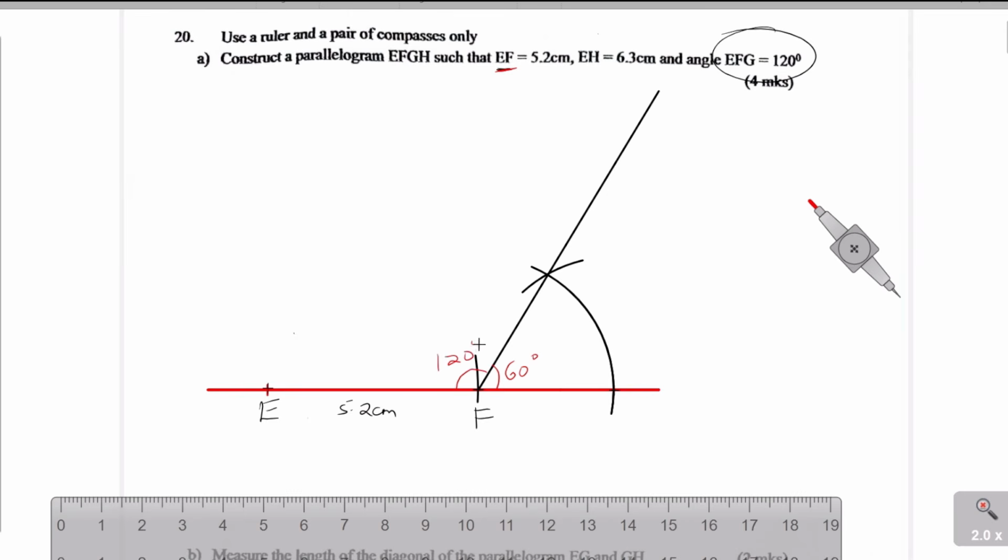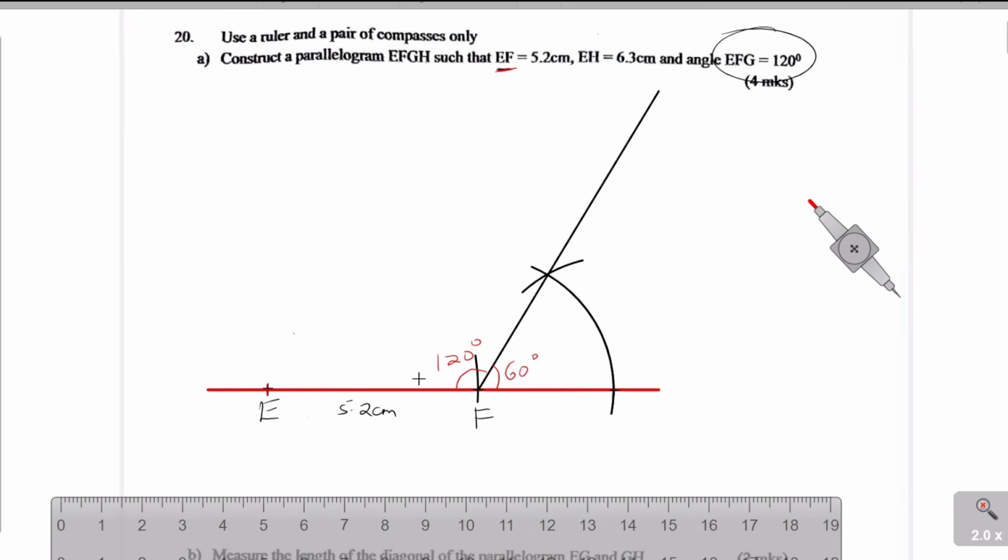So 120. Why? Because this is a straight line, and the sum of angles on a straight line should be 180. Now, having constructed that, there's something else that will help you to complete this parallelogram. You have EH, which should be somewhere here, but you need to know the angle that will be here.